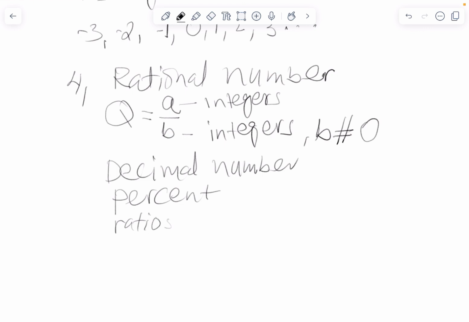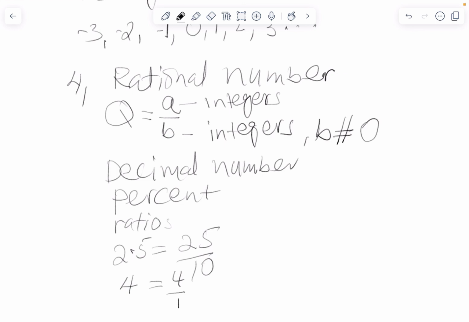So rational numbers can be like 2.5. 2.5 is equal to 25 over 10. 25 is an integer, 10 is an integer, so this number is a rational number. Okay, another example. Let's take 4. 4 can be 4 divided by 1. 4 divided by 1 is 4.